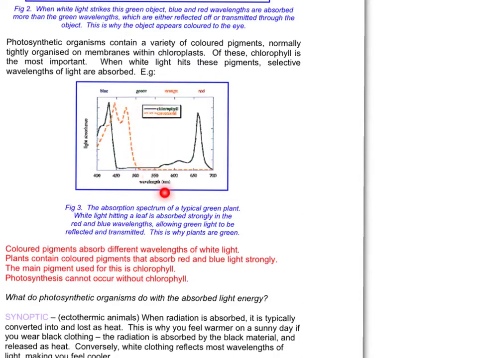Around there, this wavelength of light, this green light, is not being absorbed by plants, and that's why plants are green, because that's the light that's being reflected. It's not being absorbed. Remember, there are only three ways light interacts with material. It either passes through it, is reflected, or is absorbed.